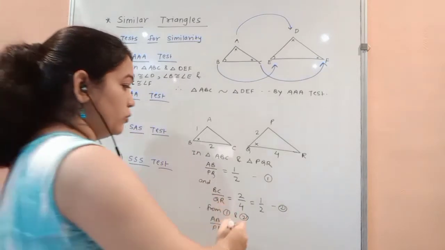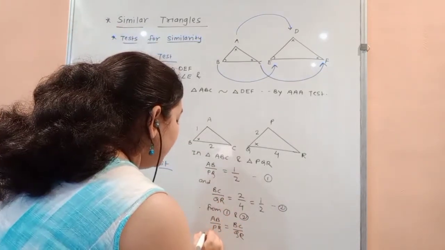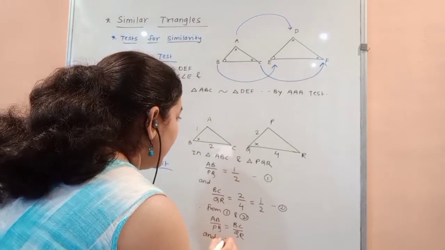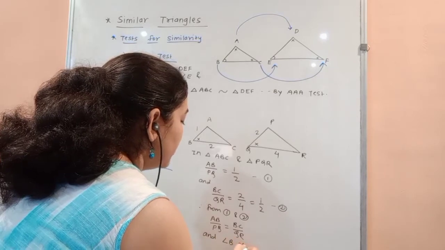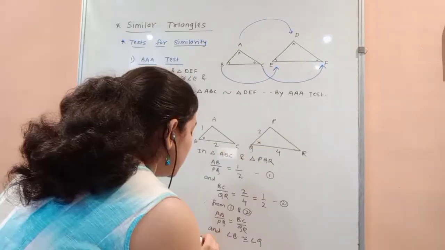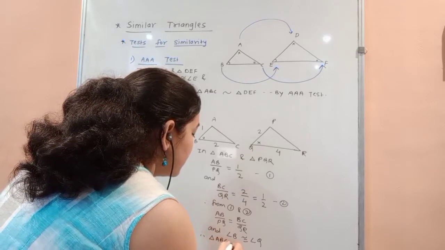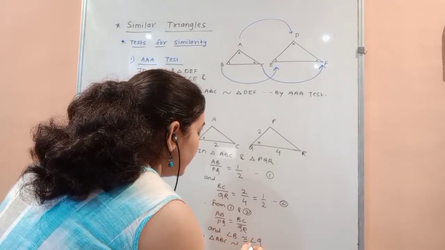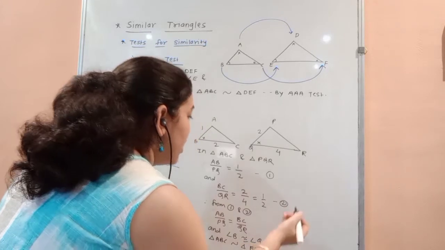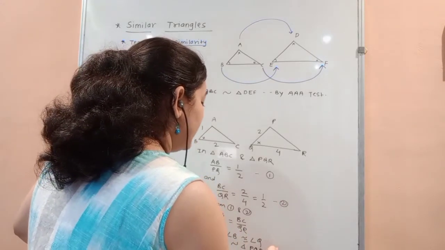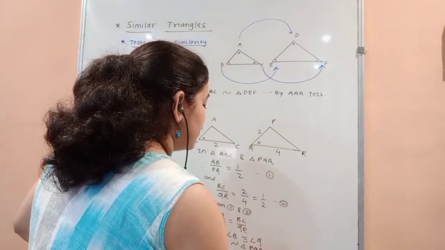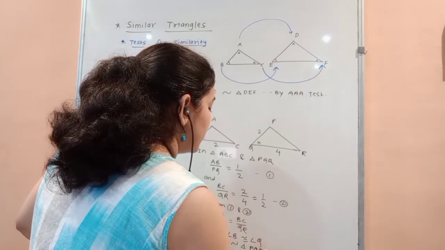From 1 and 2. And angle B congruent to angle Q. So therefore, we can say triangle ABC similar to triangle PQR. Okay, by SAS test. Is this thing clear to you?